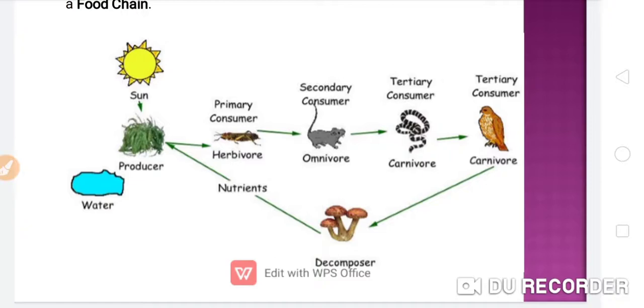Whatever nutrients existed inside the organism are again broken down into the simplest form and mixed with the soil, and these nutrients are again utilized by the plants in the photosynthesis process. So this is the food chain.